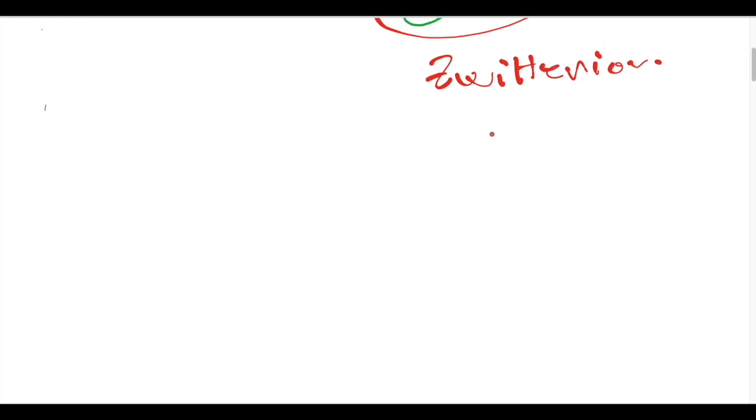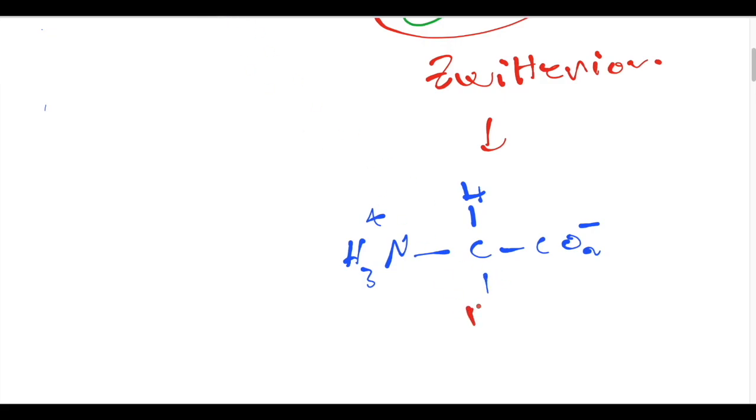A general structure of the zwitterion is as follows. So here we have an alpha amino acid. Why do we call it alpha? Because the alpha carbon is directly linked to the carboxylic acid.